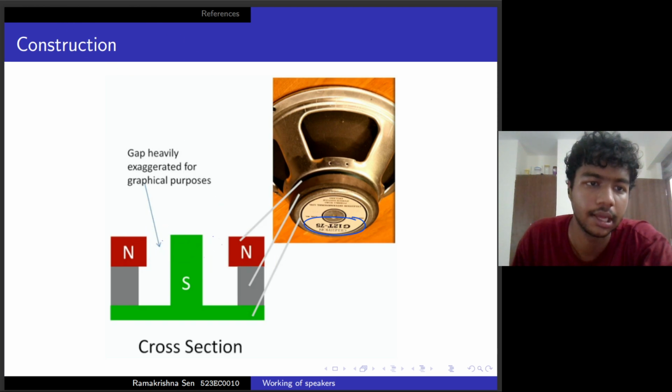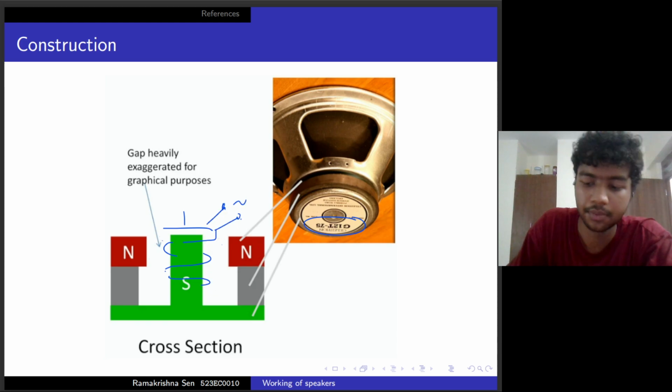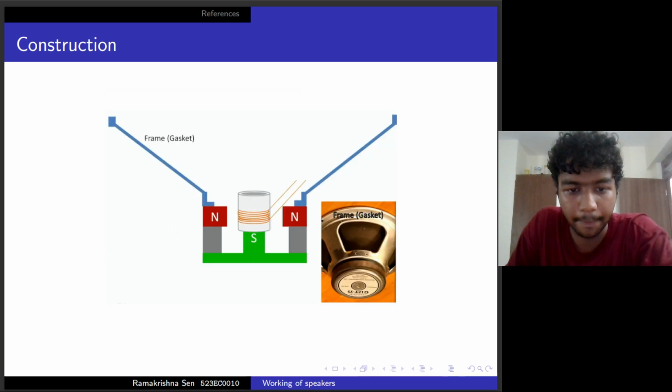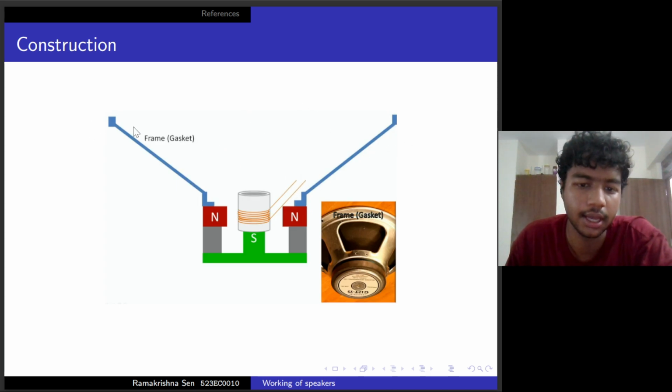But for simplicity and ease of understanding, we'll keep them different. On top of this, we will set up the solenoid and give it two terminals to operate the AC signal with. This is what I was talking about in the previous slide. Now, once we do that, we will add a frame, which is again the rigid part of the system.